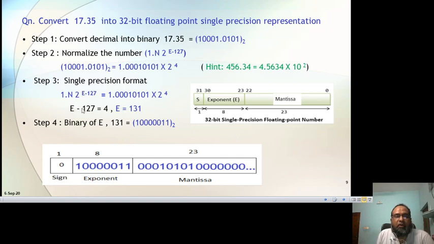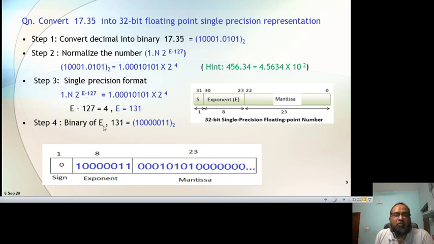Exponent is equal to 127 plus 4, which is 131. This 127 is known as the bias. Here e minus 127 is the standard value; it will not change for any data. So the value of e is 131.